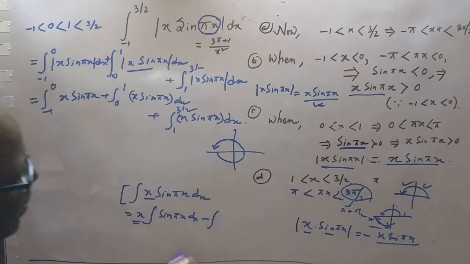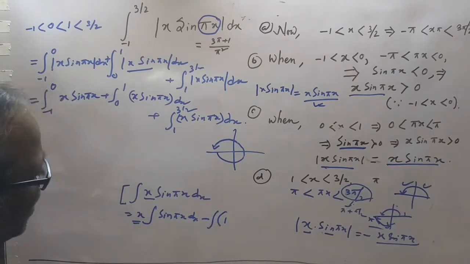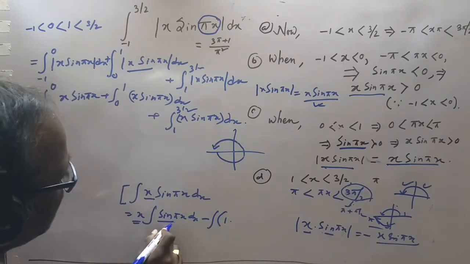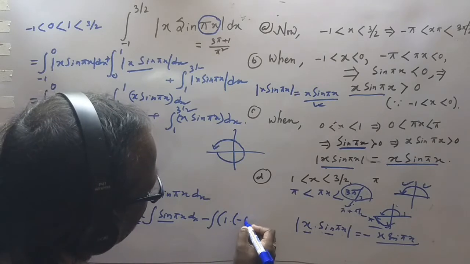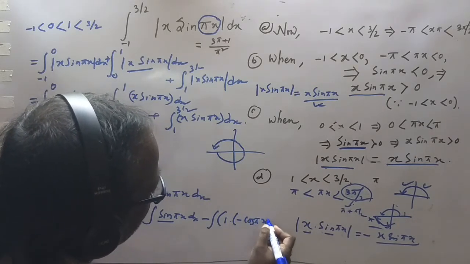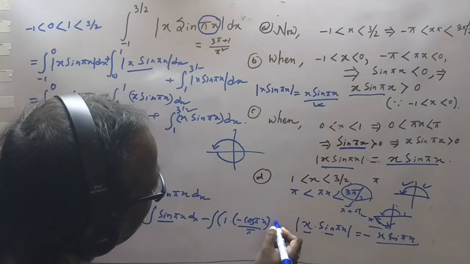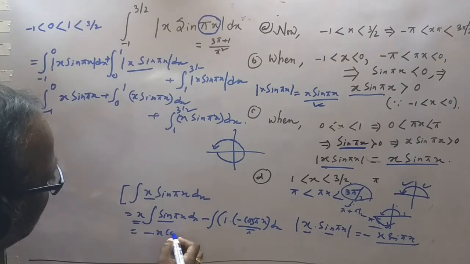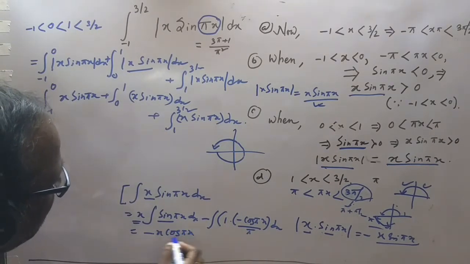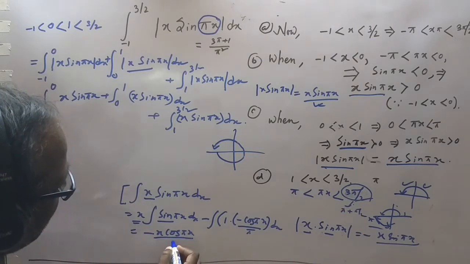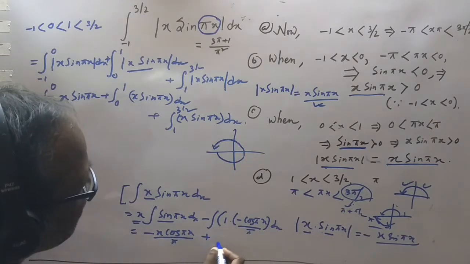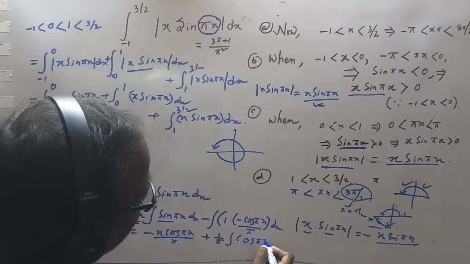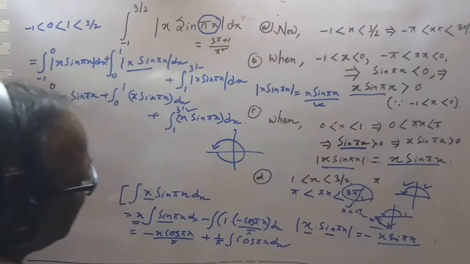If we take x as u, then the derivative of x is 1, and the integration of sin(πx) is minus cos(πx)/π dx. So again we get minus x cos(πx)/π plus (1/π) ∫cos(πx) dx.